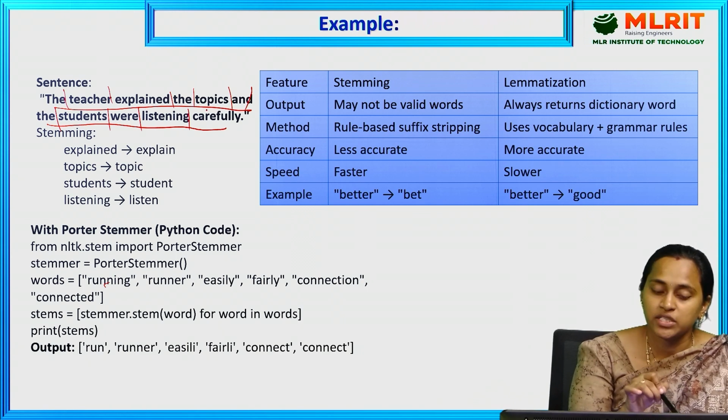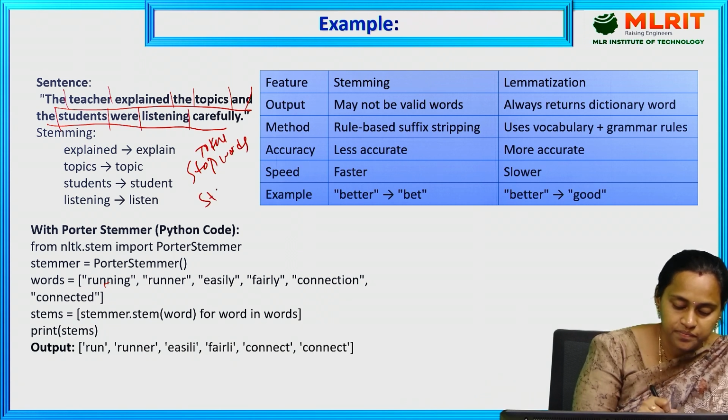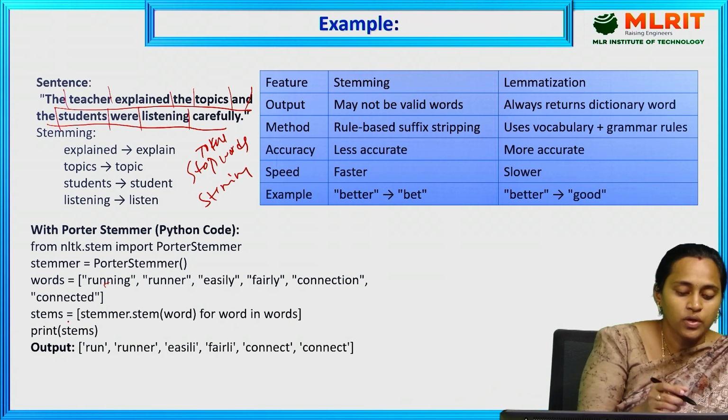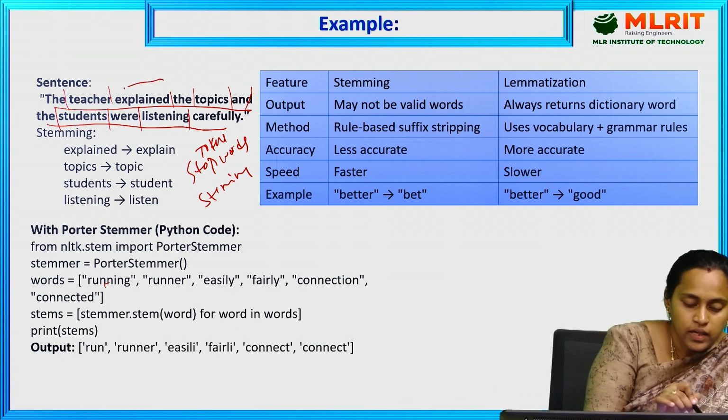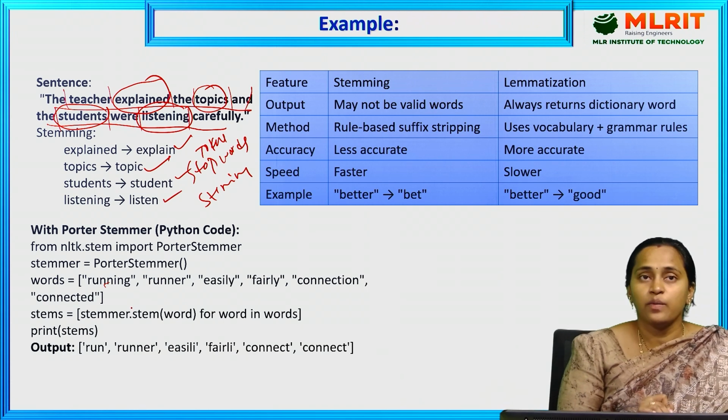After tokenization, we remove the stop words. Then we do the stemming process. Explained, the root word is explain. Topics, the root word is topic. Students, the root word is student. Listening, the root word is listen. This is all about stemming, right?